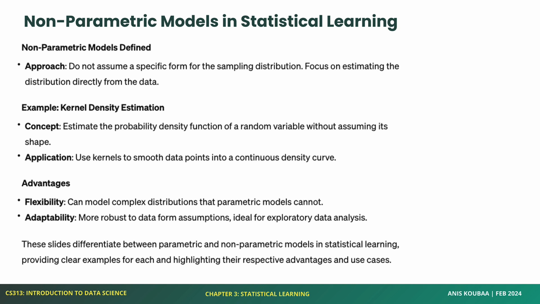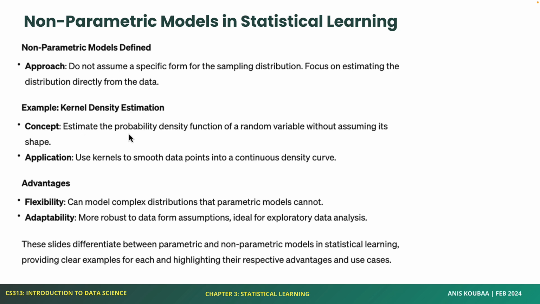In the other way, with the non-parametric model, we don't make any assumption of a specific form for the sampling distribution, and we focus on estimating the distribution directly from the data. So the data is going to discover what kind of distribution we do have. And some of the examples is the kernel density estimation. It means we are going to estimate the probability density function. This is what we call the kernel density estimation.